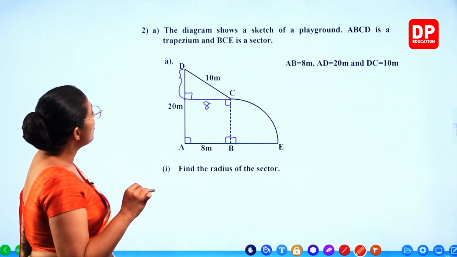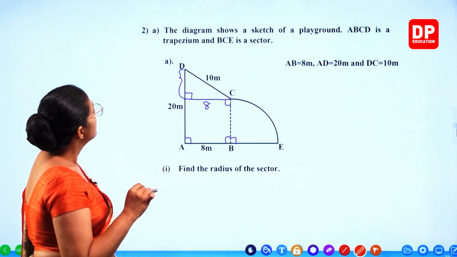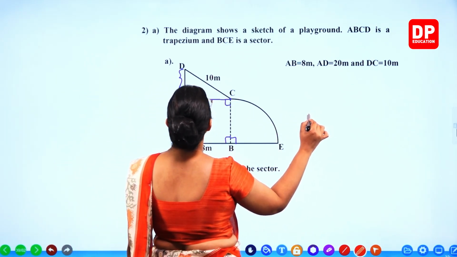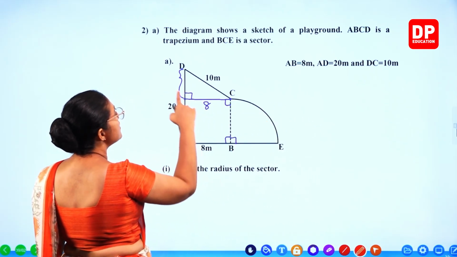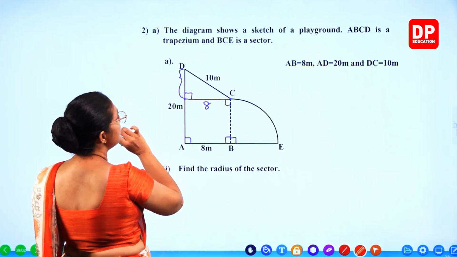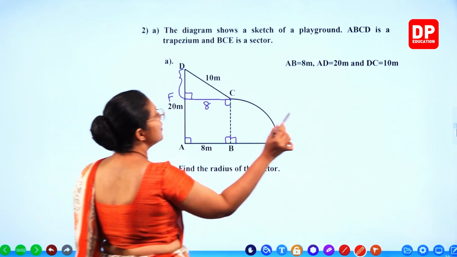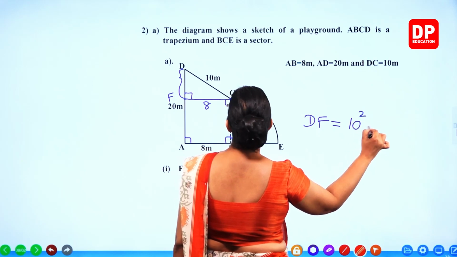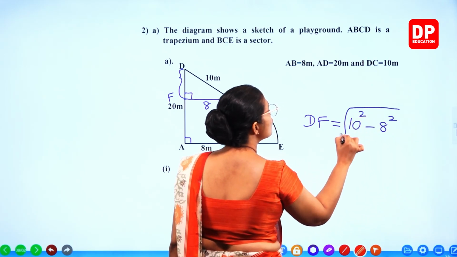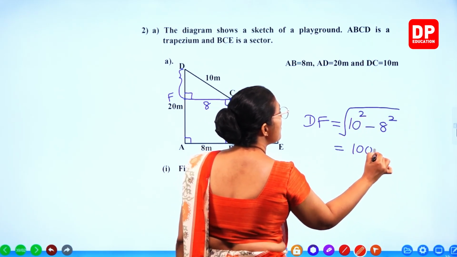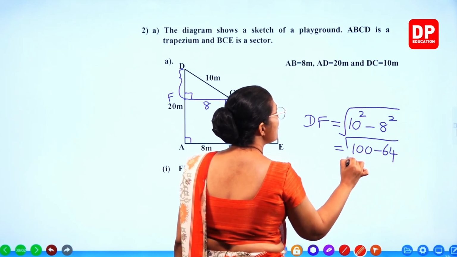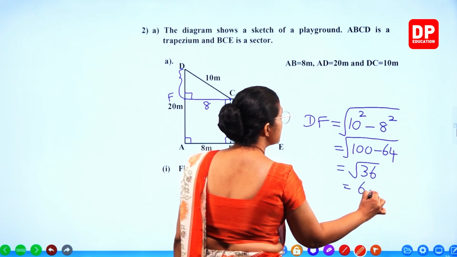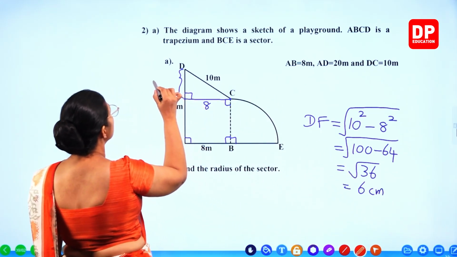So how you find out this part? 10 squared minus 8 squared is this distance. We'll take another letter, F. So DF I can write 10 squared minus 8 squared and take the square root. 100 minus 64 square root becomes square root of 36. That's 6 centimeters. This is 6.